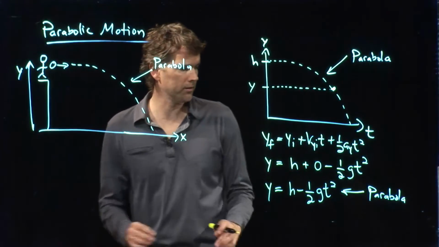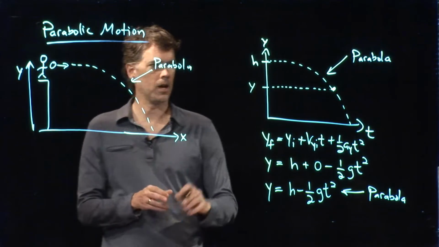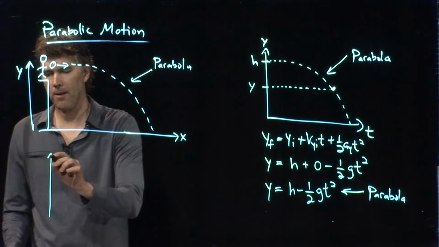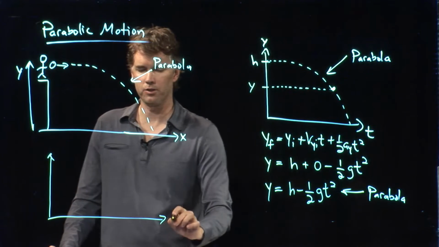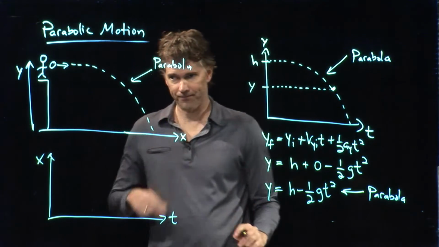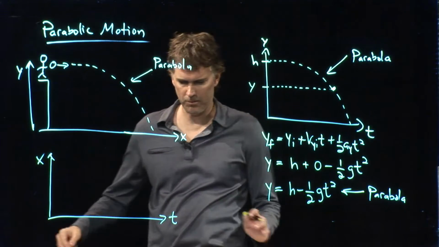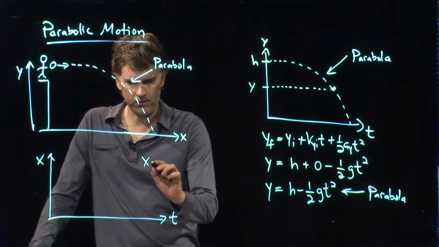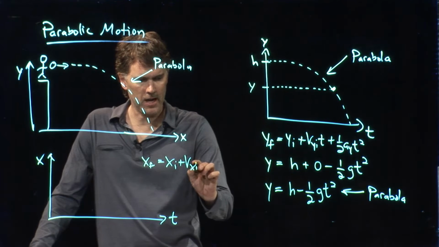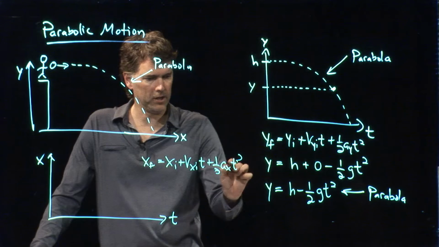To understand this, let's map out x as a function of time. What we just mapped was y as a function of time. But if we map x as a function of time, what do we get? Let's go back to our kinematic equations. x final equals x initial plus vx initial times t plus 1/2 a sub x t squared.